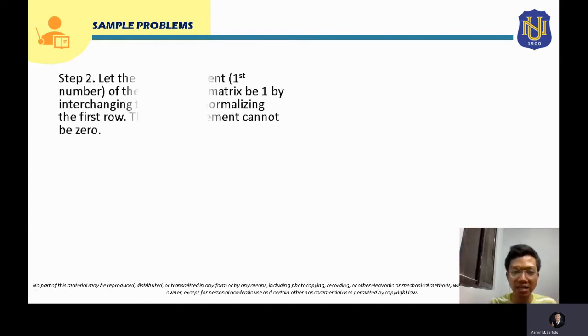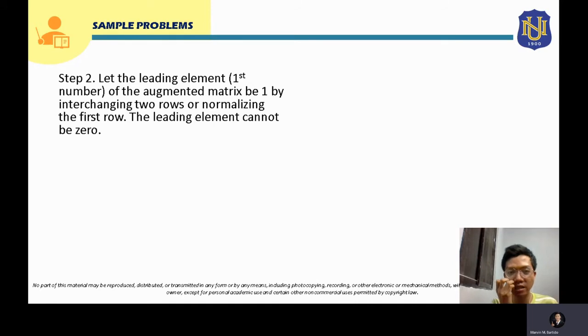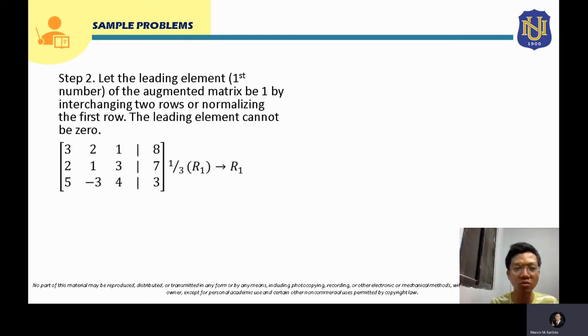Now for our second step, we have to let the leading element, or the first element of the augmented matrix, be 1 by interchanging two rows or normalizing the first row. Again, the leading element cannot be 0. Our leading element here is this element, and we should make it 1. We have two choices.